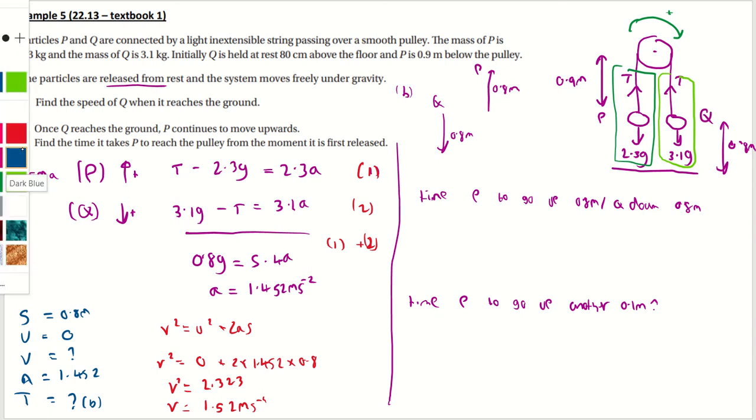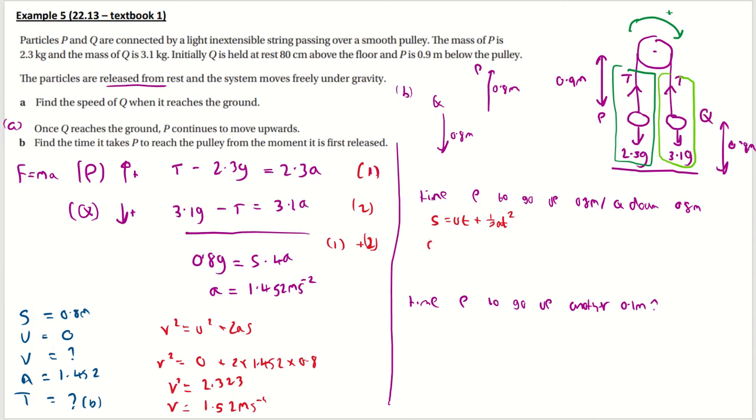So that's the same suvat, but we're looking for the T instead of the V. So I'm not going to use the V. Without V, it's S equals UT plus a half AT squared. So it is 0.8 equals 0, that's the first bit, and then a half of the 1.452 times T squared.